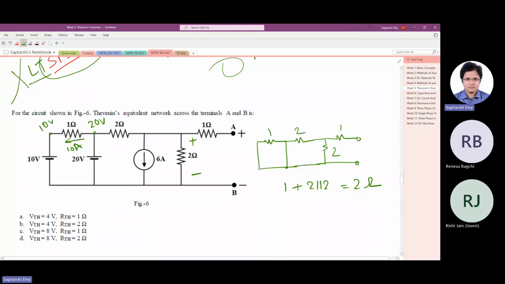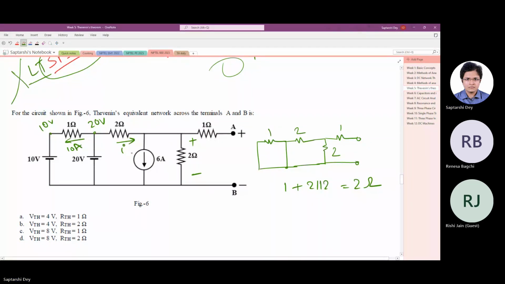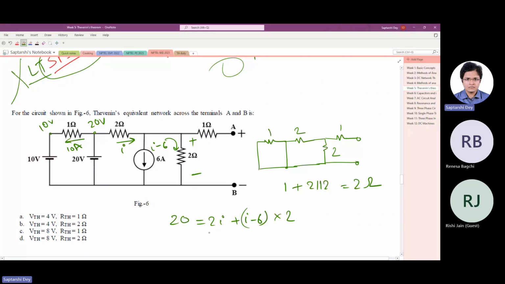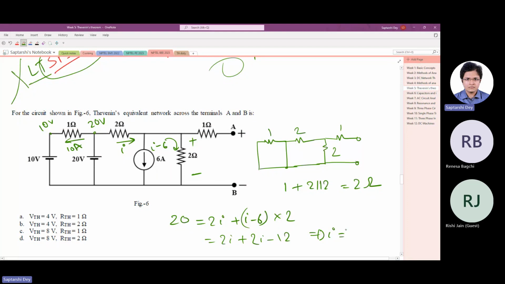We don't care about it. We have to find out the current that is flowing in this direction. So let us say a current I is flowing here, of which 6 ampere goes out. So I minus 6 is flowing. So what we have is 20 equals 2I plus (I minus 6) times 2. So 2I plus 2I minus 12. So from here what we get, I is 8, 4, 2?